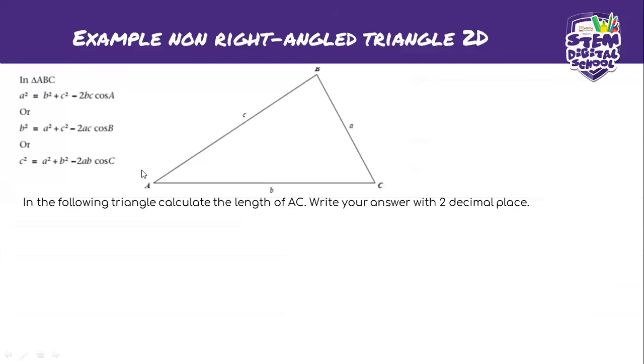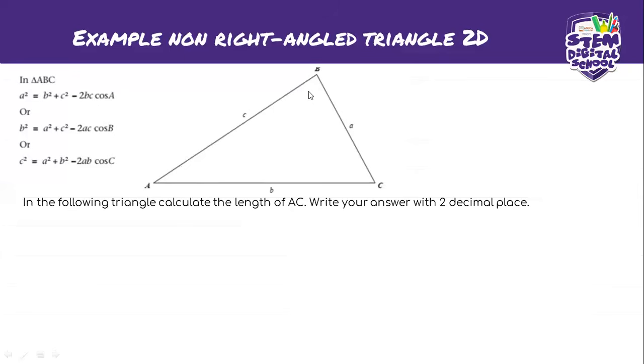Now, for instance, if we were supposed to calculate this angle A here, or the side opposite to this angle, then whenever we write this formula, we are going to start with A squared, right?